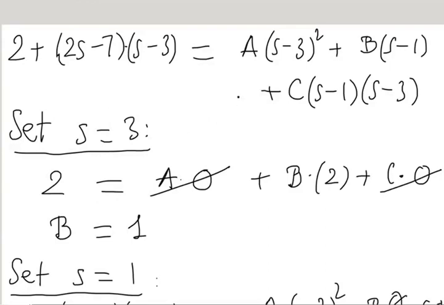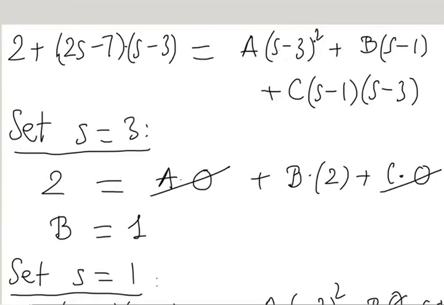Another way you could do is to look at the coefficients of the highest order. So the highest power of s here would be s squared. Pretending we don't need to distribute, but if we pretend to FOIL, then we will have s minus 3 times s minus 3.